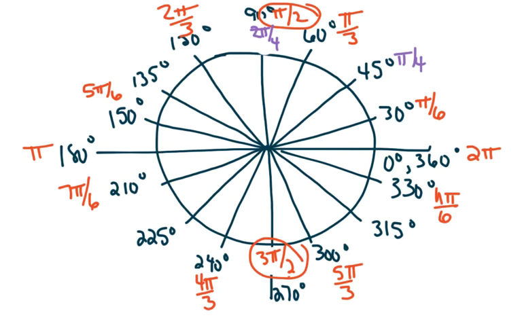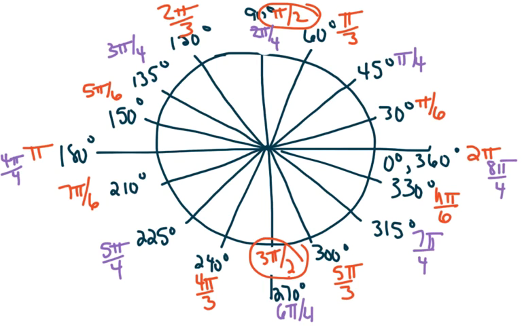Another 45 degrees, you're at 3 pi over 4. Another 45 degrees, 4 pi over 4. Another 45 degrees, 5 pi over 4. Another 45 degrees, 6 pi over 4. Another 45 degrees, 7 pi over 4. And another 45 degrees, you're at 8 pi over 4.